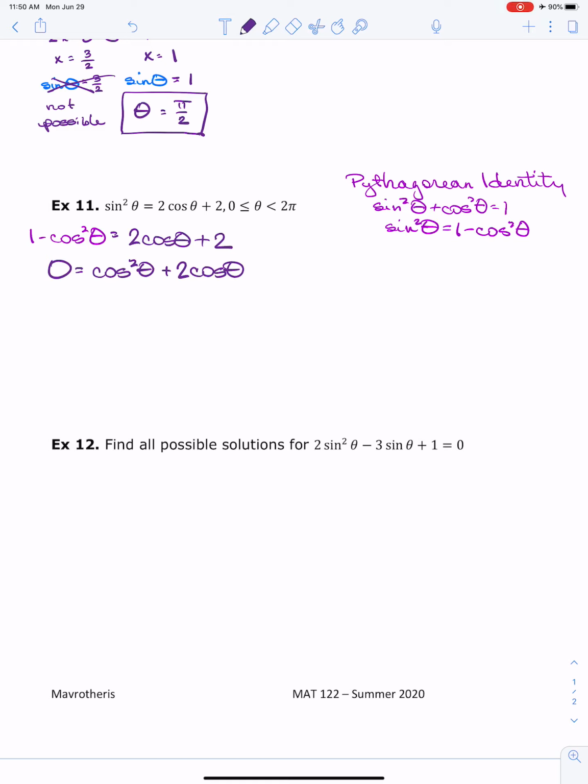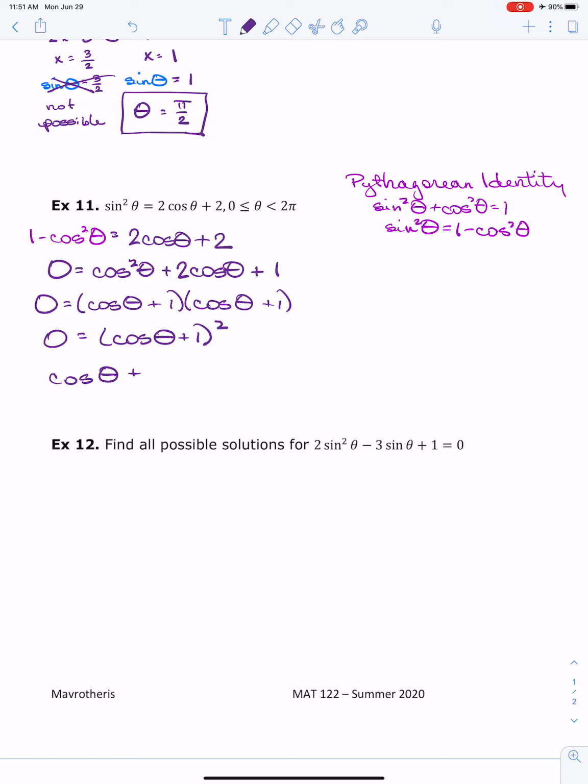I've got the plus 2 here, minus 1 from the other side, which gives me plus 1. Again, you can rewrite this and replace the cosine theta with x if you would like, or factor cosine theta plus 1 times cosine theta plus 1. So my 0 equals cosine theta plus 1 quantity squared.